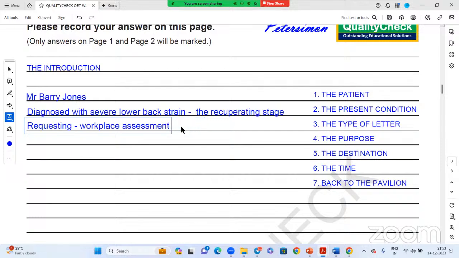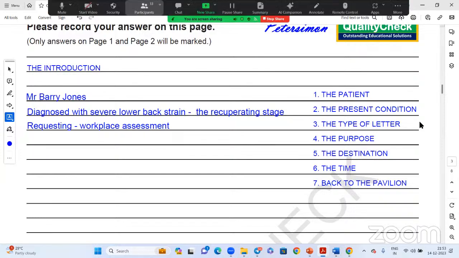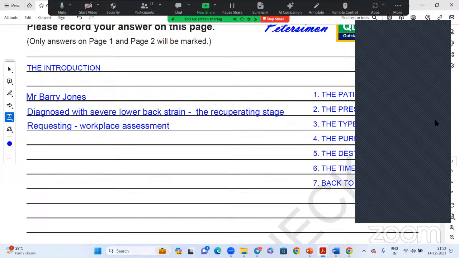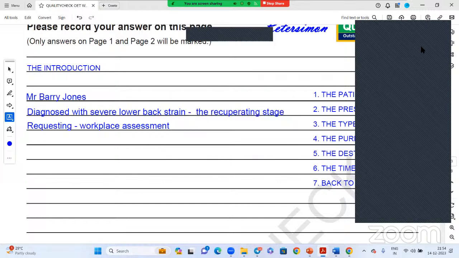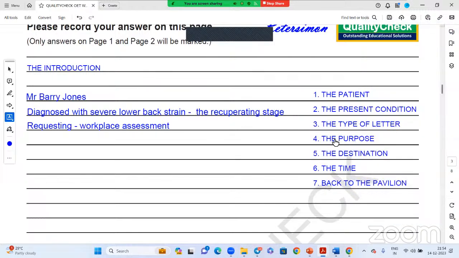Here only workplace assessment will go. In the introduction. Introduction should be short and sweet. That's it. Next one, the purpose.